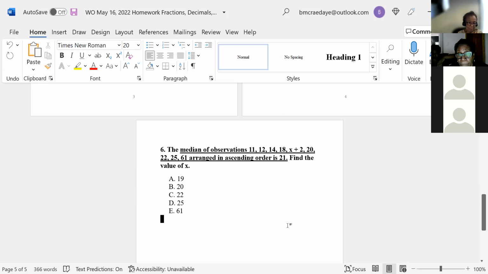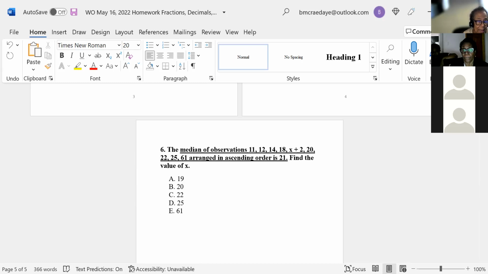Because if it's an even number, the median is in the middle, right?